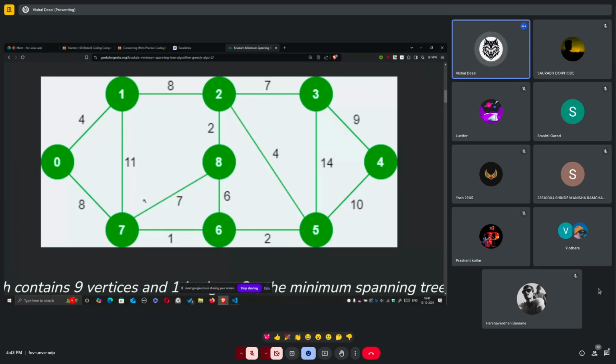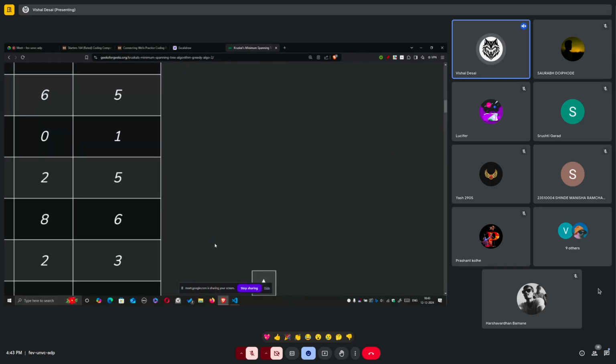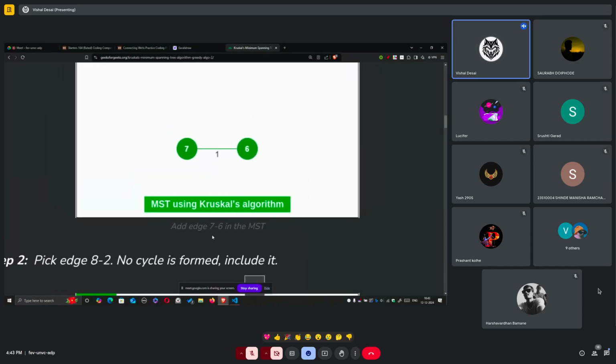The minimum spanning tree will consist of the edges with the least weight. In this case, what is the least weight that you can see? One. Yes, one. So this will be in our resulting graph, that is the minimum spanning tree.